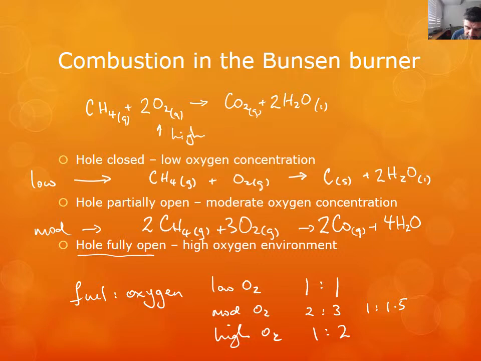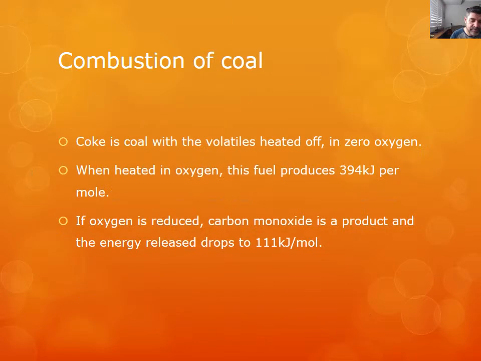And we get that just by those coefficients in front of those substances. So you can see here that we do have some significant consequences if the fuel to oxygen mix is close to 1 to 1. That means the oxygen levels are very low. If they're closer to 1 to 2, then the oxygen levels are very high. And that's actually changing our product, or at least one of our products, in each of these reactions.